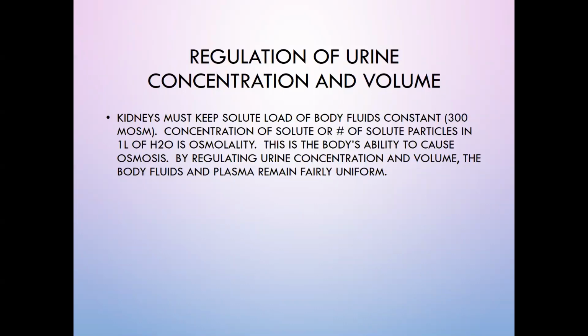So osmolarity, 300 milliosmoles. Osmolarity, again, is the number of solute particles that you have in, oh, it's right here. The concentration. So it's not really a concentration per se, but an actual amount of particles. Because when you're calculating osmolality, they're about the same thing.